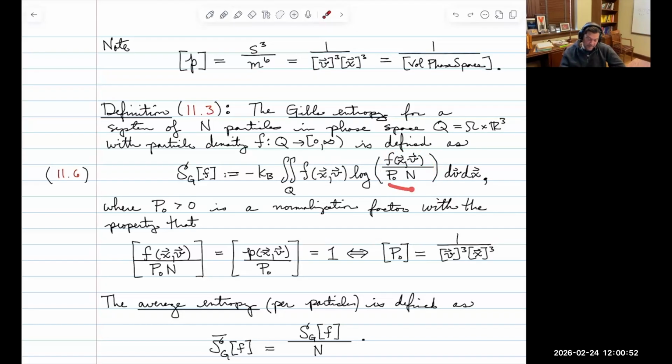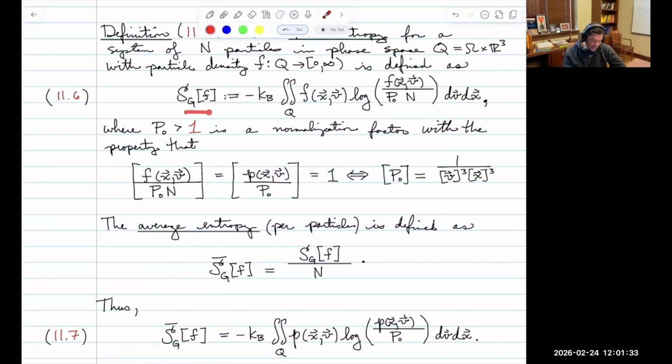I want the number that appears in here to still remain less than 1 in its total value for every point in phase space. Well, the easy way to do that is just to take p naught greater than 1. So we could even say it here, p naught is greater than 1. Okay, so some normalization which makes everything dimensionless, and keeps this number less than or equal to 1.